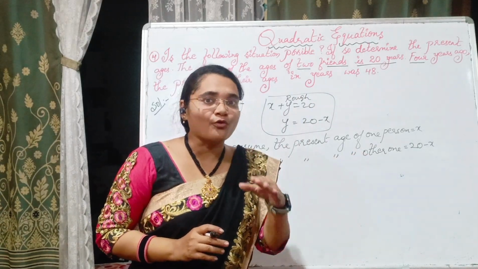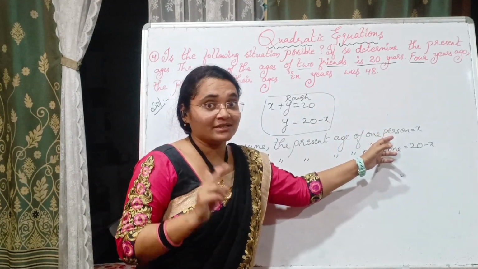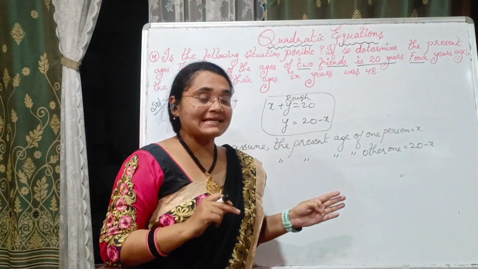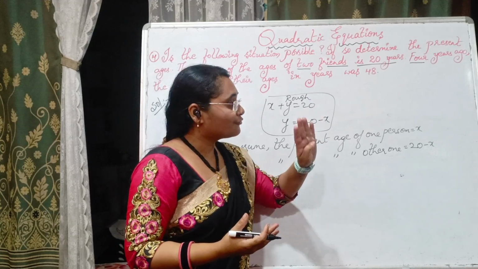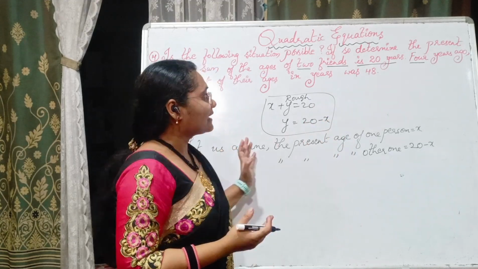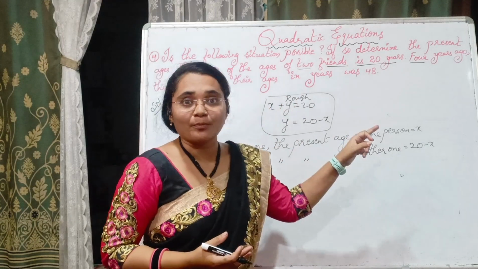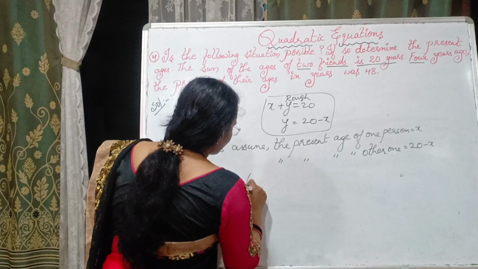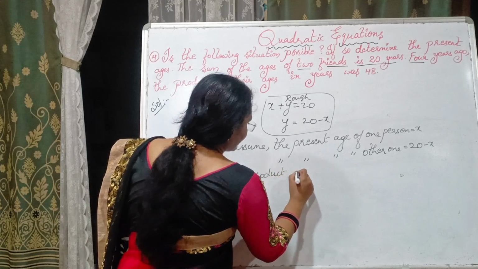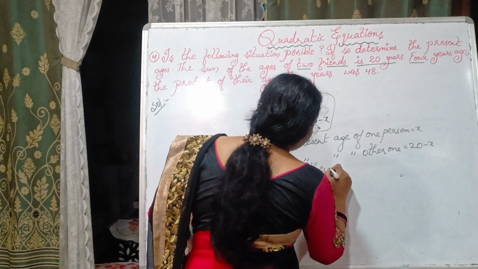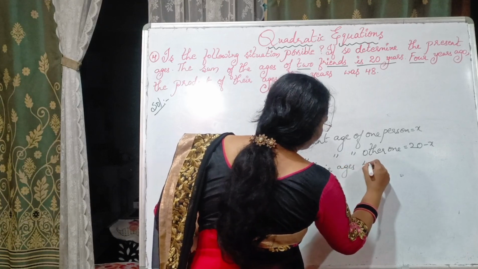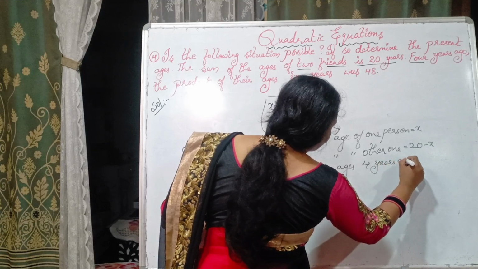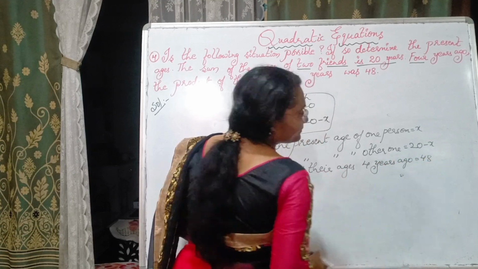That means you should subtract 4 from each of the present ages. Understand the topic. When he says 4 years ago, you have to subtract 4 from the present ages, and when you take the product, you obtain 48. So the product of their ages 4 years ago is 48.